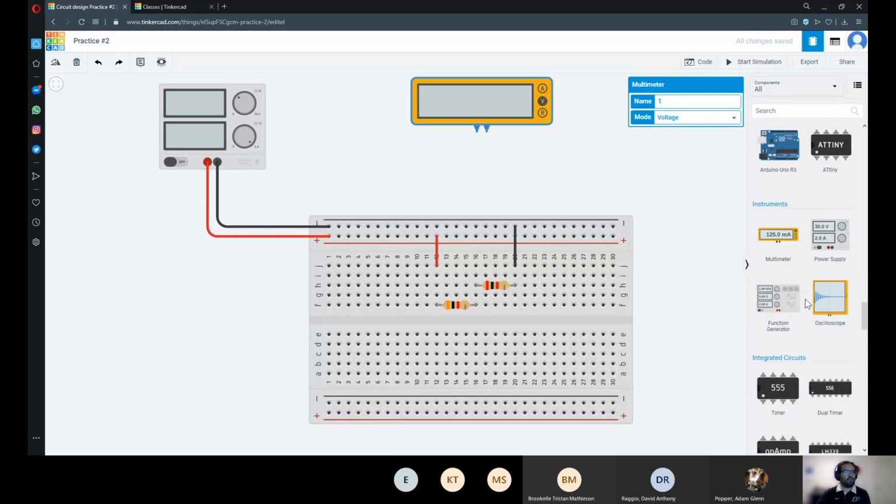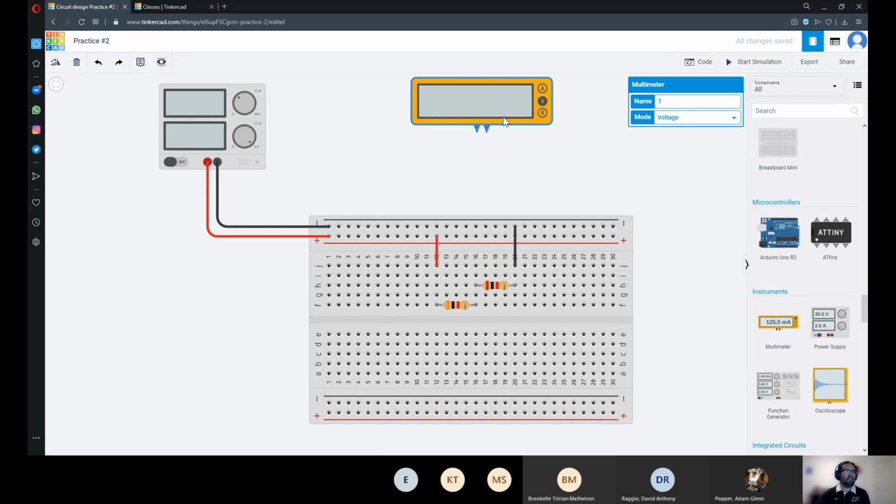But for this part, what I want you to try is use the multimeter, connect it to the circuit, and since you already did the calculation in the first part, I want you to, for example, here I'm gonna connect the multimeter between the two sides of R1.